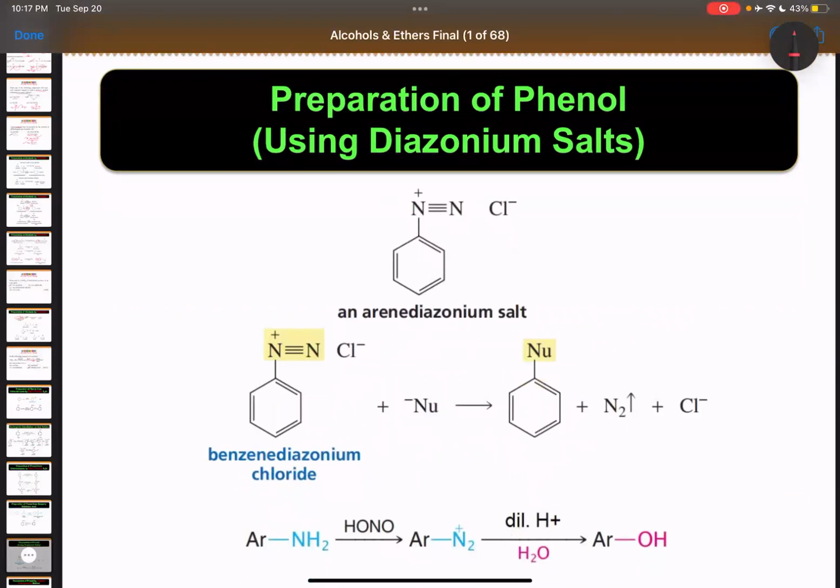We heat the diazonium salt, sir, at 298 Kelvin in presence of water vapor, I guess. Actually, it is heated with steam or dilute H2SO4, right?